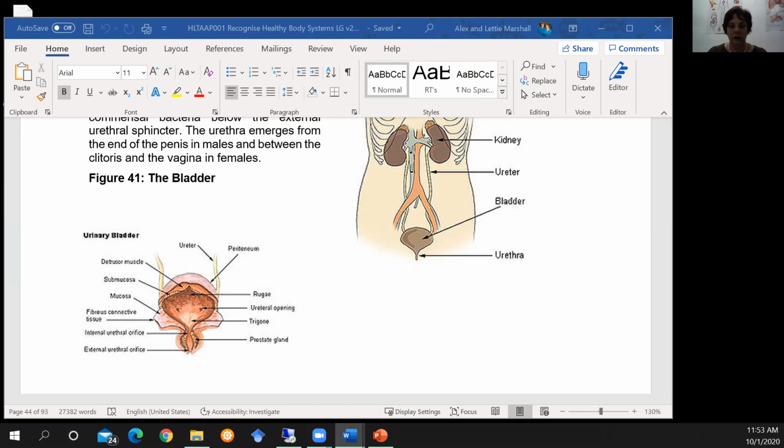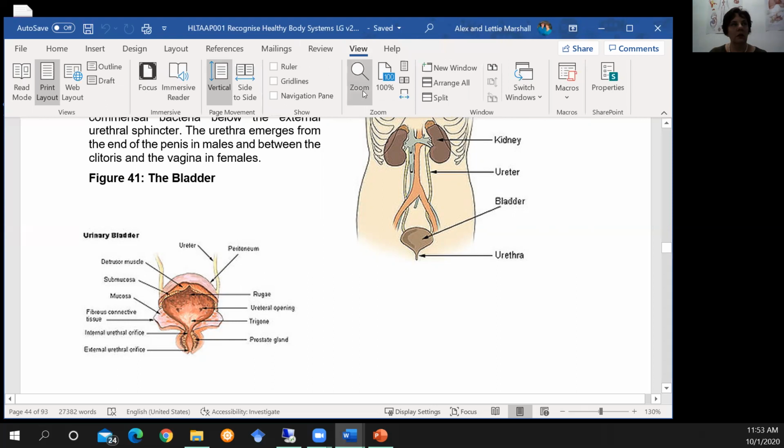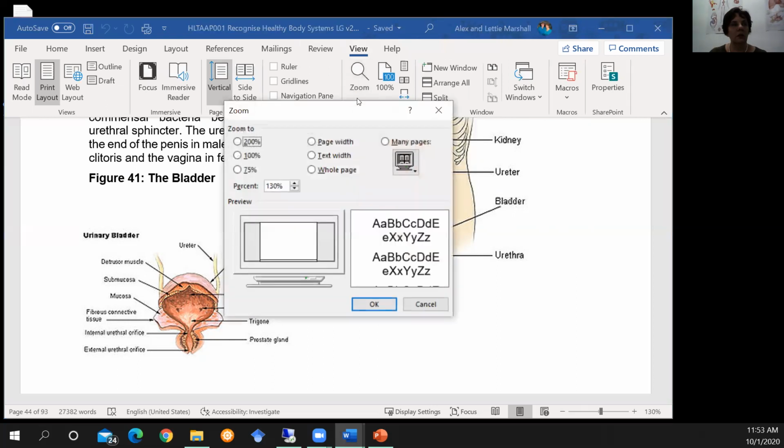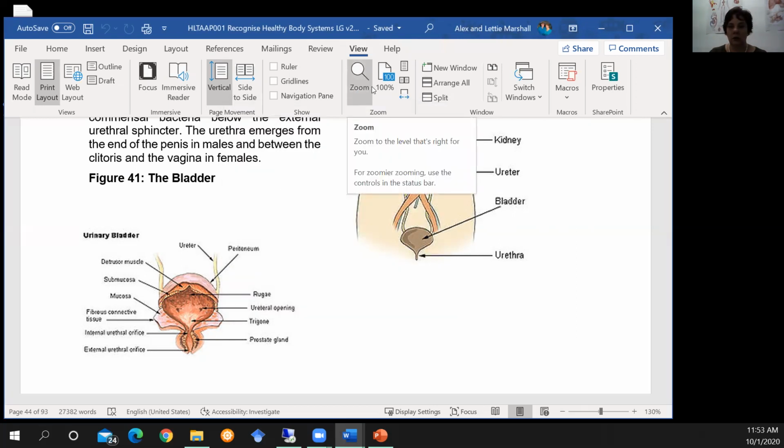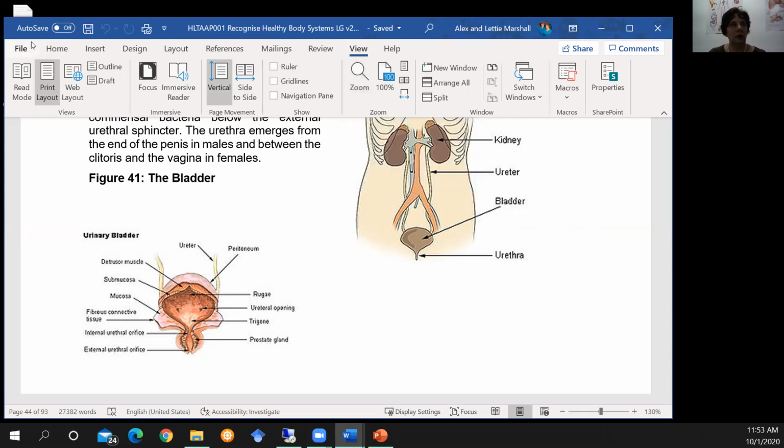Okay, and then question 10. An artery transports blood away from the heart and carries oxygenated blood, and veins carry blood to the heart and carry deoxygenated blood. And that's the pulmonary vein.